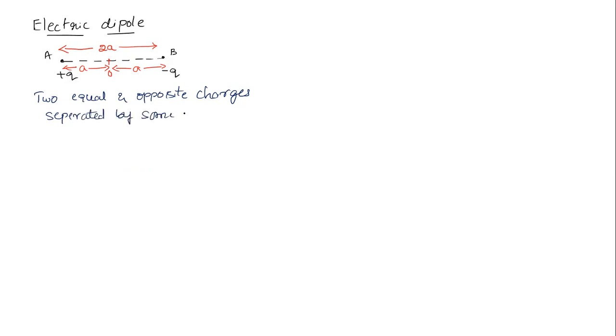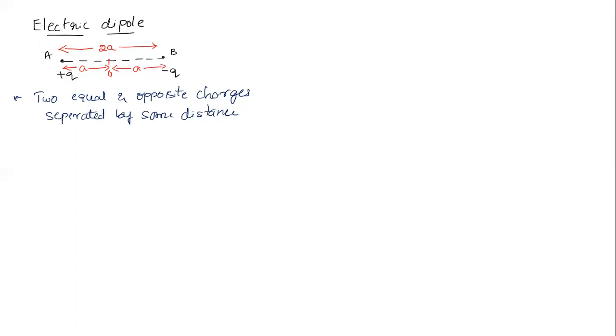So this is what we call a dipole. This is clear to all of you now. Dipole means two equal and opposite charges separated by some distance. The definition is given, the diagram is given, and the distance between the charges of the dipole is given.